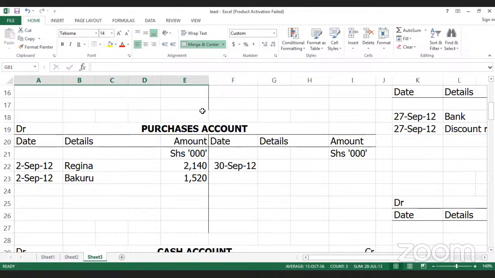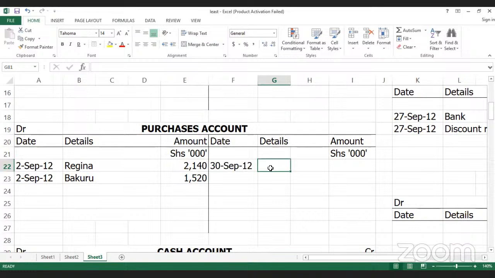So meaning that we have to insert a balancing figure on the smaller side. On the credit side, there is nothing completely. This is your credit side.